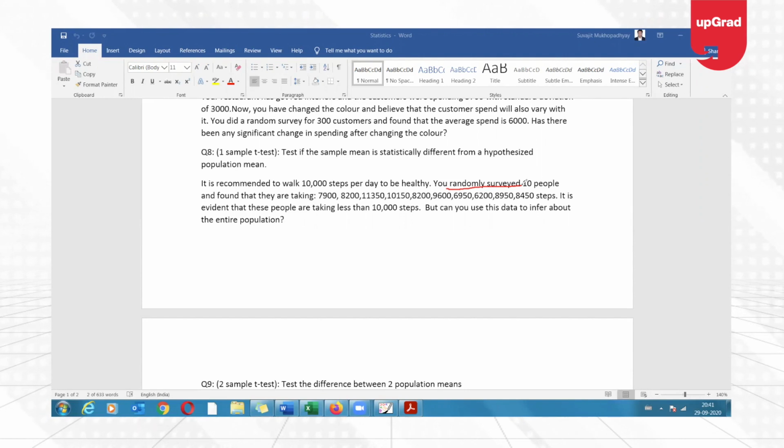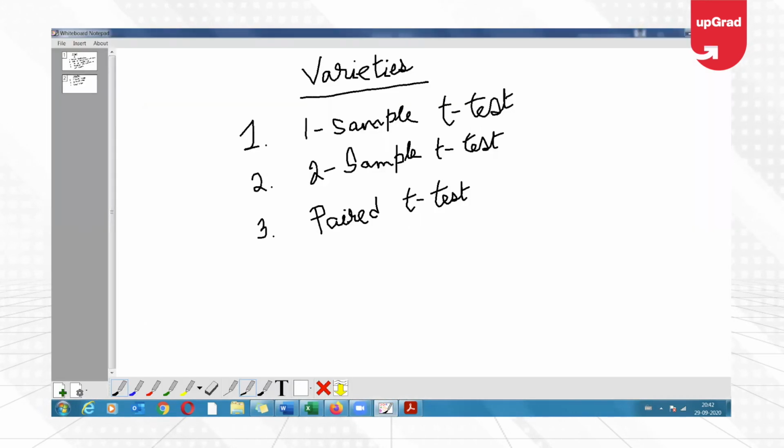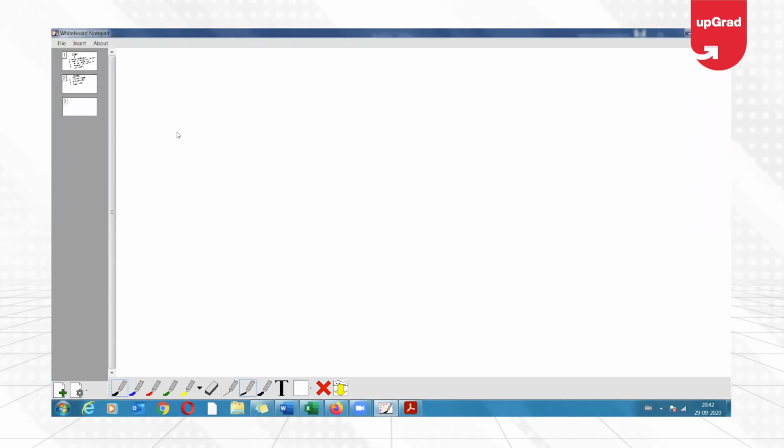Okay. So now let's try to solve this problem. Let's first see what information we have in our hand, and then let's try to solve it. So the first information which we have is a hypothesized population mean.